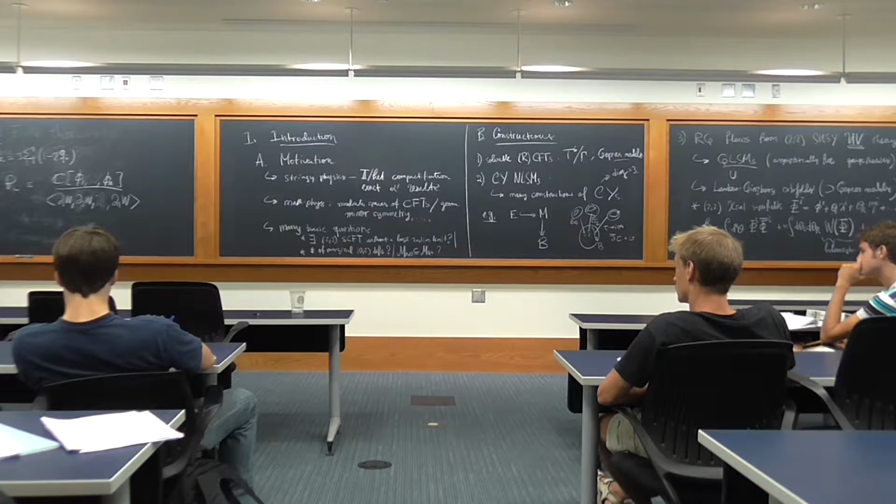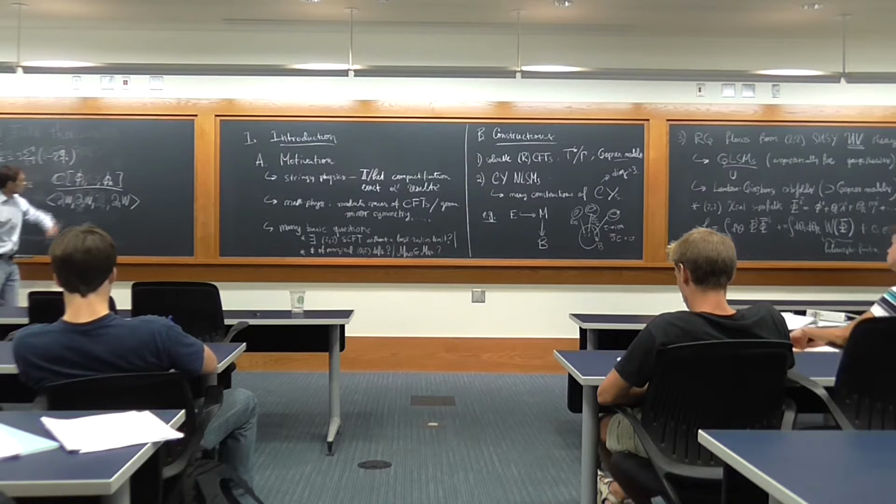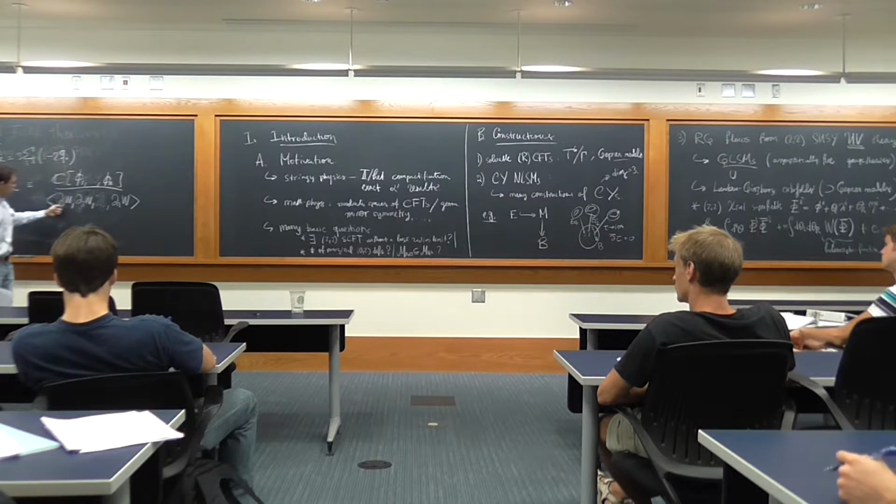And for this Landau-Ginzburg theory, the space of these chiral elements is isomorphic to taking the space of polynomials in the n fields and modding out by the first derivatives of the superpotential.